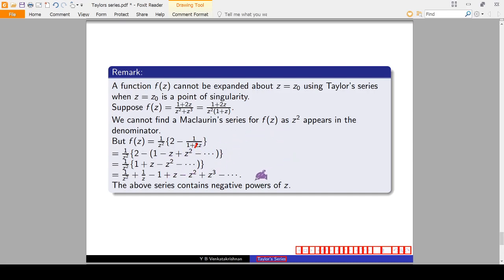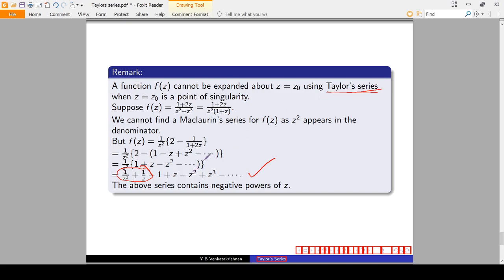And when I simplify this, I will have the expansion about z is equal to 0. But here it contains negative powers of z, whereas the Taylor series expansion contains only the positive powers of z minus z naught.